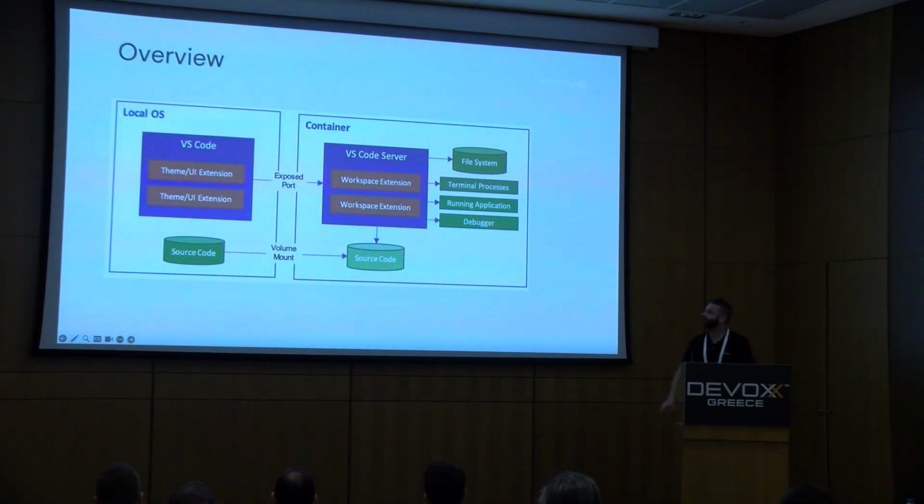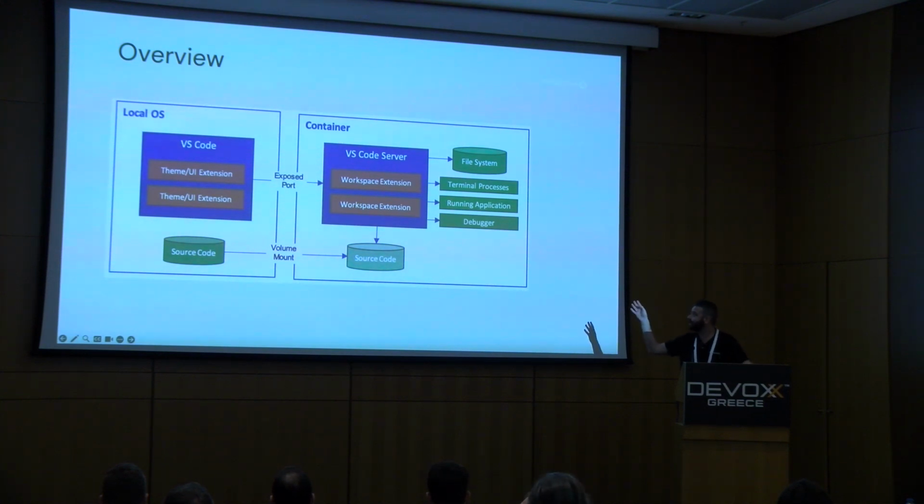So, first of all, we have our local setup, VS Code, for example, or IntelliJ. In my experience, VS Code works better. IntelliJ is not very stable at the moment with that technology. And we have a Docker container that has all these things.